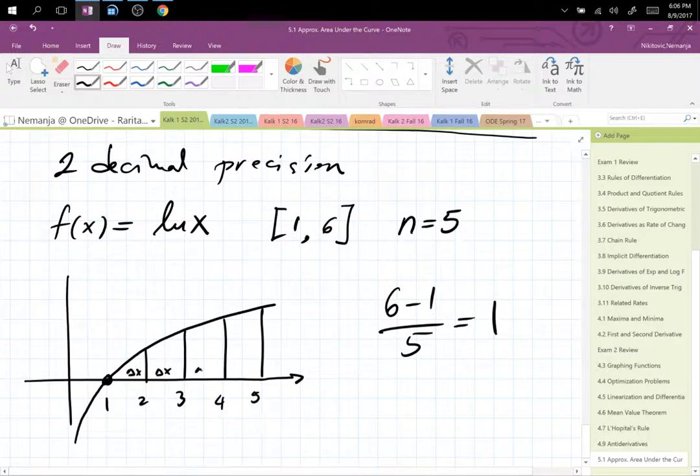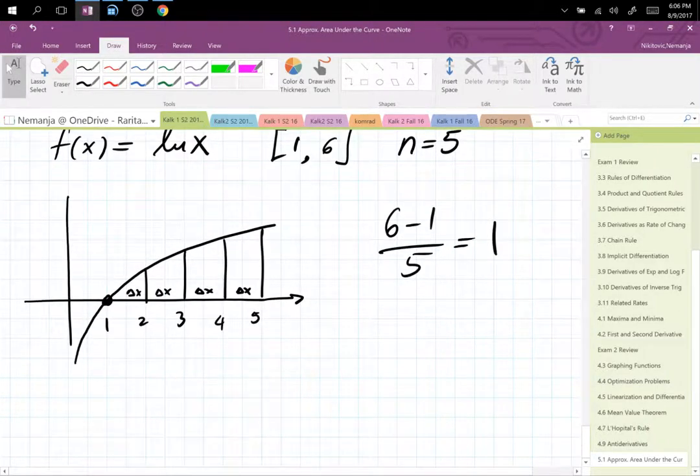Oh, wait. So if we are working on right points, oh wait, I needed one more.